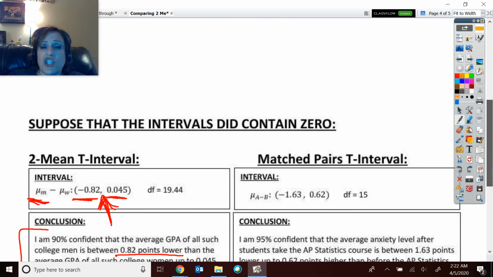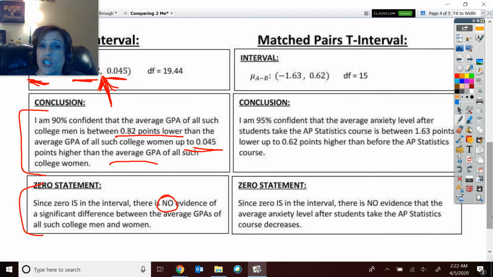So the interval might look something like this, going from negative 1.63 to positive 0.62. We had no evidence that the average had decreased, so it makes sense that zero is in that interval.